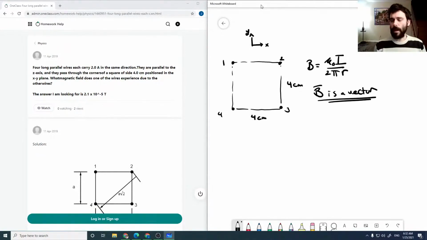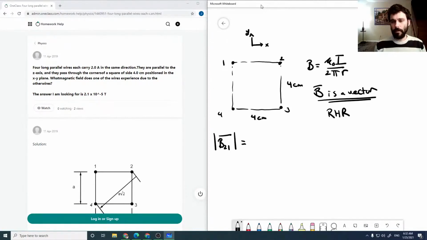So this gives us our magnitude, but we also need our direction. And our direction comes from our right-hand rule. So now we're going to focus just on the 1 wire and get the B field due to 2, 3, and 4 on 1.